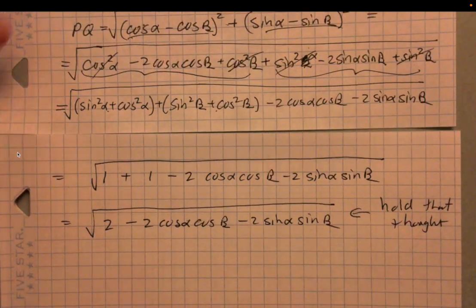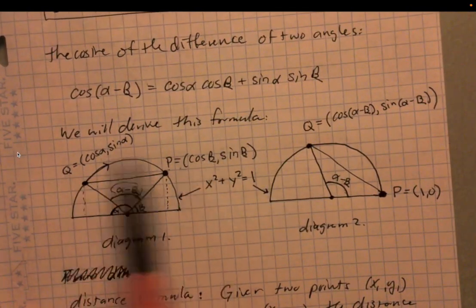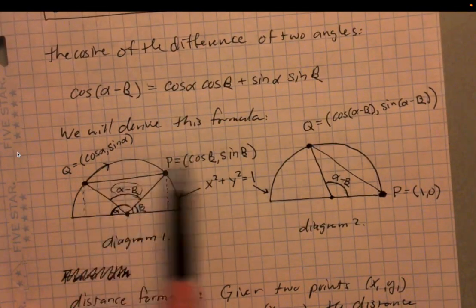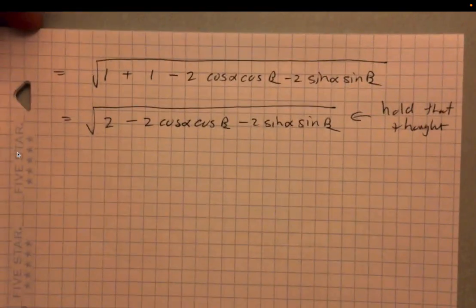Now remember, this was all taken just from diagram 1. We just looked at diagram 1 and said, here's P, here's Q, so the distance formula tells us that the distance of this thing is equal to this expression. Okay.